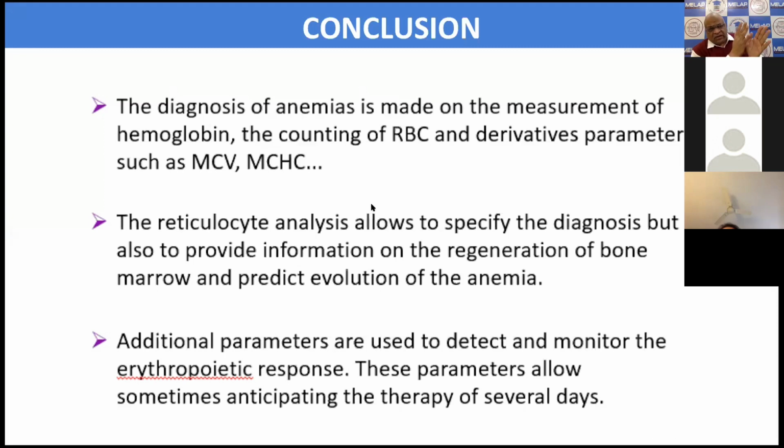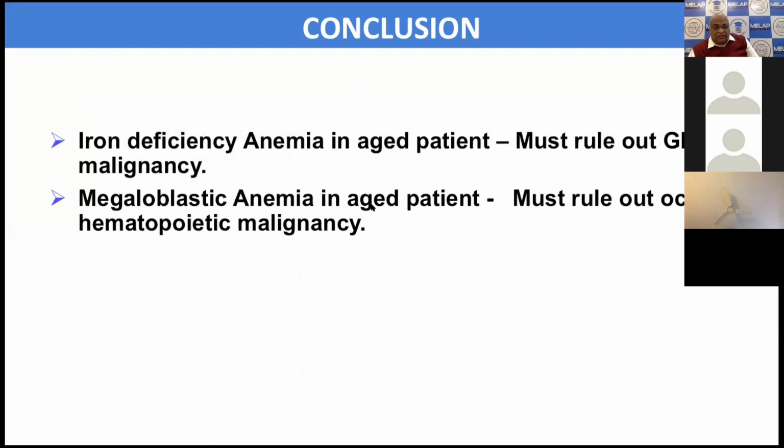Include reticulocyte count in your routine CBC like other parameters, and also learn the importance of newer parameters which your machine is providing. We will have a separate lecture on the interpretation of these newer parameters which our machine is providing, because they also play a significant role in the evaluation of the cause of anemia. And always remember, this will help you a lot in many cases.